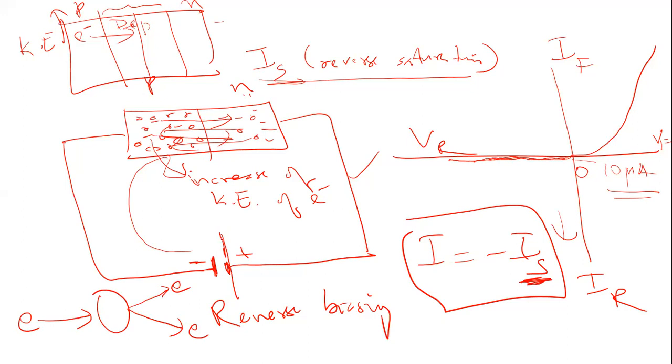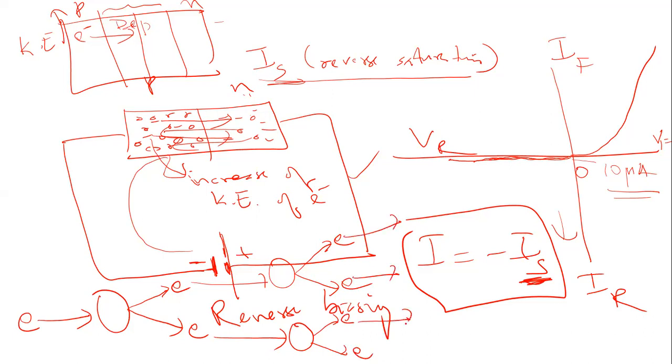Under the action of this reverse voltage, these electrons will continue to accelerate, collide with another atom, break the covalent bonding, and result in formation of another free electron. As they move further, they accelerate again, collide with another atom, release a free electron, and so on.